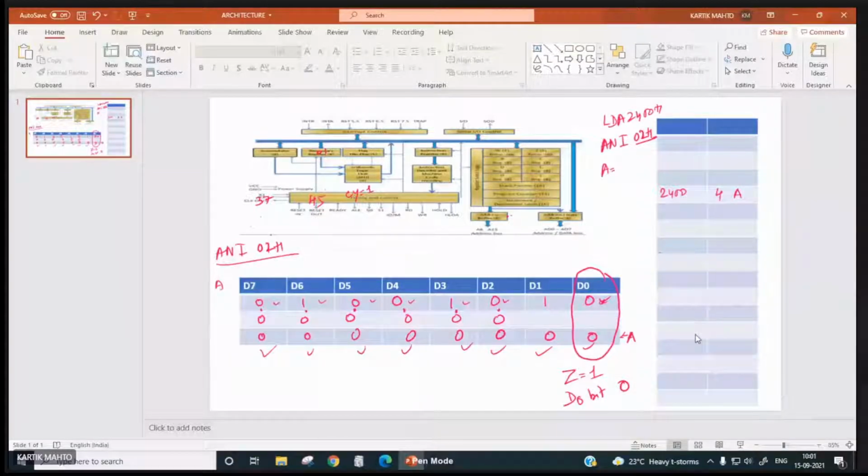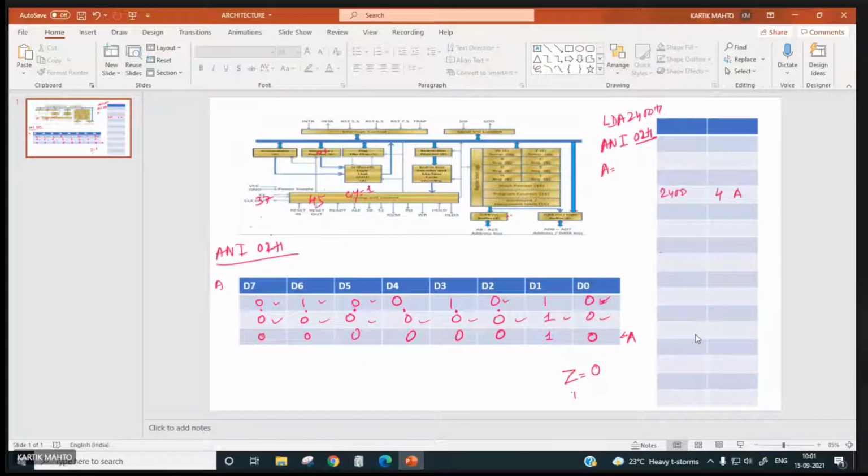Accumulator content is 0100 1010. 02 is 00000010.